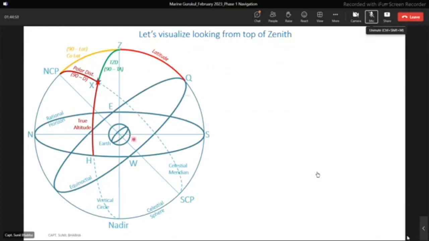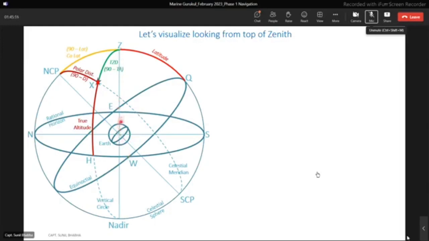Right now we are looking at the celestial sphere somewhere from this west point, from this angle, but assume for the moment that you are able to go up to the zenith.